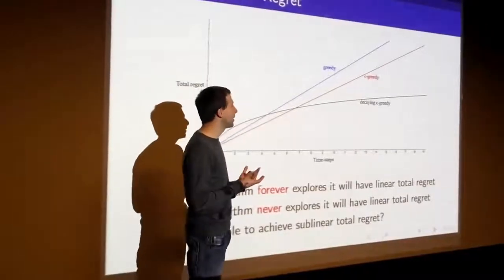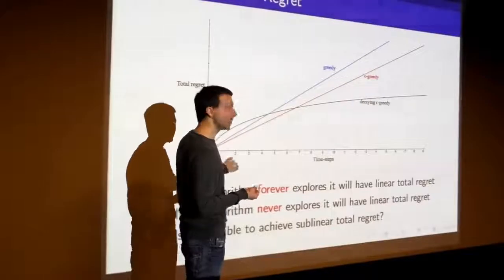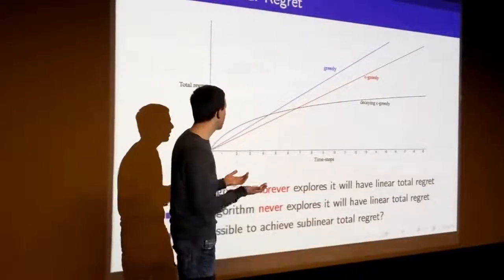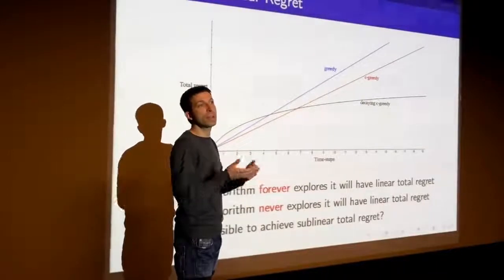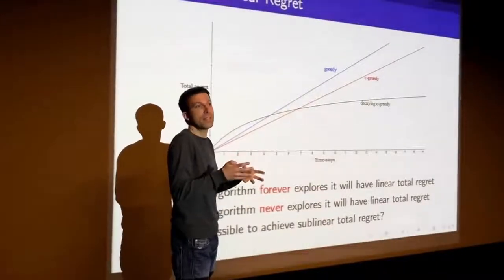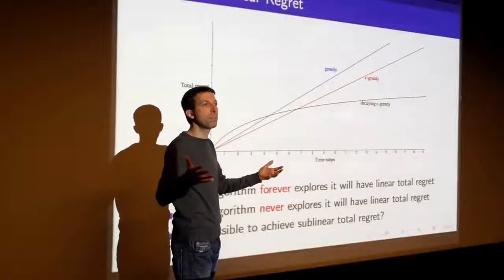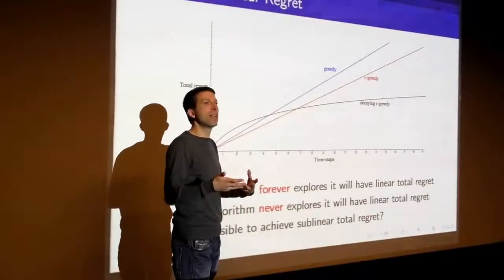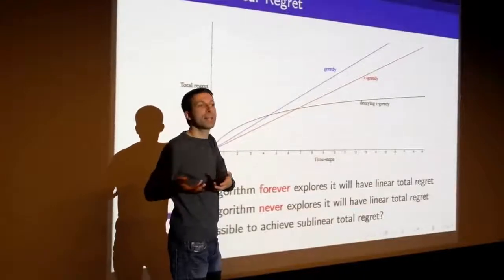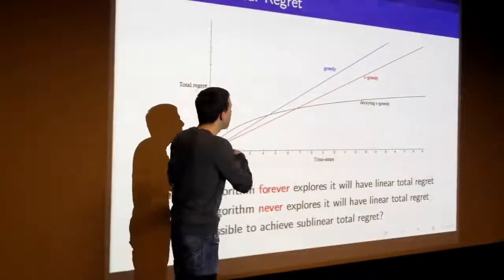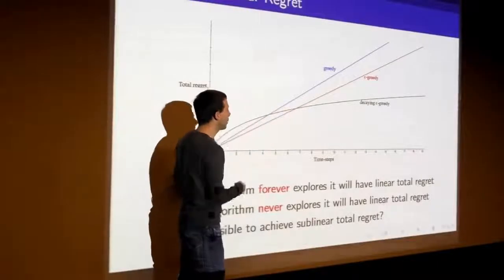Well, every single step in expectation, there's some probability that we'll pick the best action, but there's also some fixed probability that we'll pick completely at random. And if we pick completely at random, that's always going to incur some regret unless we just stumble accidentally upon the best action. And so if we keep picking randomly, we're just adding on regret.